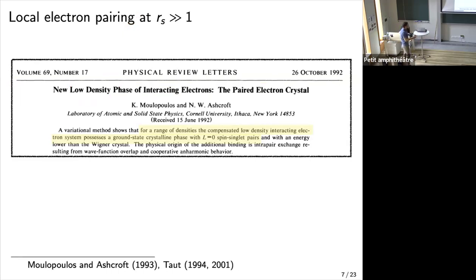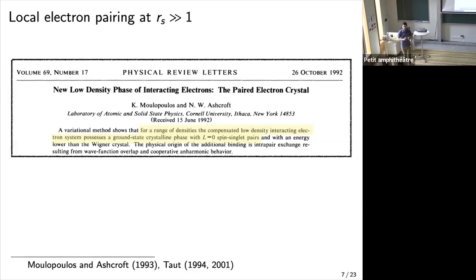If you look at their abstract, what they observed is that for a range of densities, or a range of RS values, the compensated low density interacting electron system possesses a ground state crystalline phase with zero angular momentum spin singlet pairs. So you can literally imagine a crystal composed of pairs of electrons which have total angular momentum 0 and form a spin singlet. Okay, so this was quite an interesting observation.